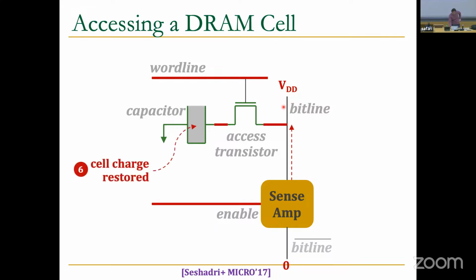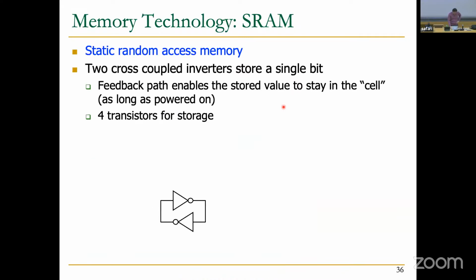So this will also restore the lost charge back to the capacitor. So this is what I meant when I tried to explain that when you access a DRAM cell, you also restore charge back to it due to how your device operates. Okay. This is just some detail, not too much.